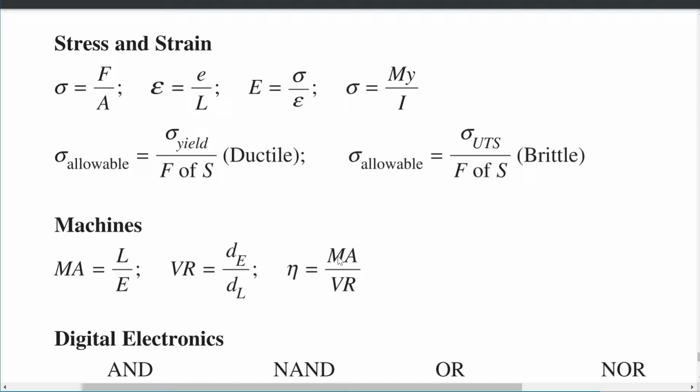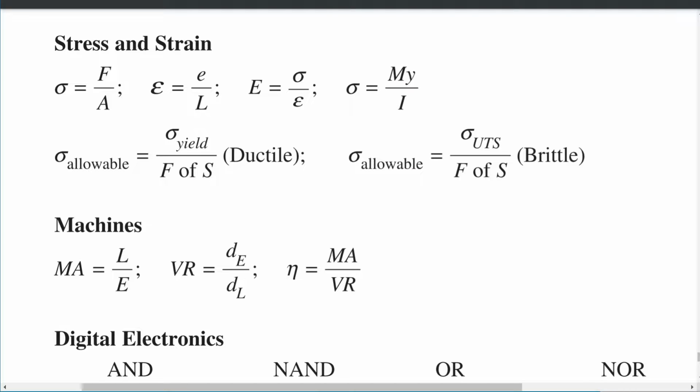Because the efficiency of the machine, the mechanical advantage, has to always be less than the velocity ratio, which means that our efficiency is always going to be a number between 0 and 1, or between 0 and 100%. That's what we're looking at to start off with.